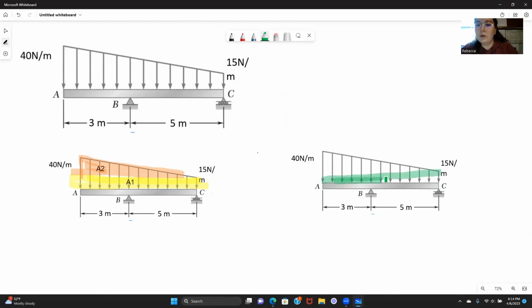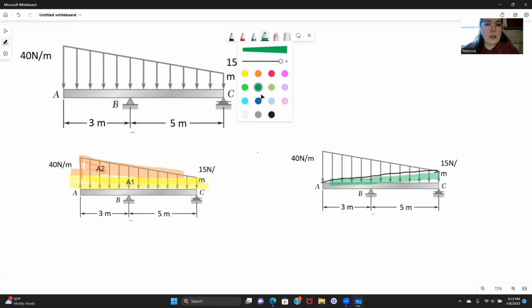So one bottom triangle. Let's go with the pen for this one. Cut all the way down to here. There we go. So now we have two triangles. We'll highlight to make it a little clearer. So we have our green triangle at the bottom, and then a blue triangle on top.